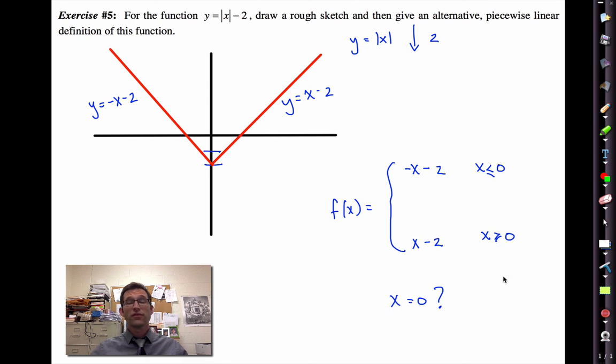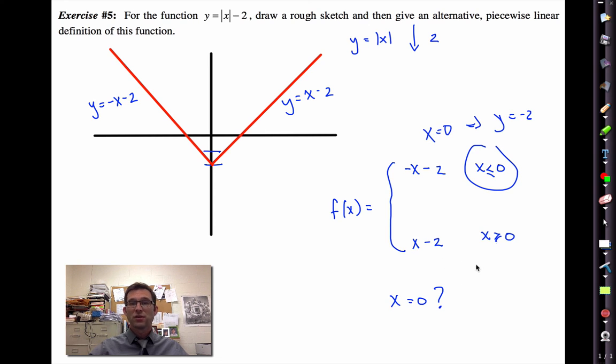Now, that's awfully confusing for people because they never see that in piecewise functions, and it certainly isn't standard. But remember the definition of a function: given an input, there can be only one output. So if I use this formula and put x equals 0 in, I get y equals negative 2.